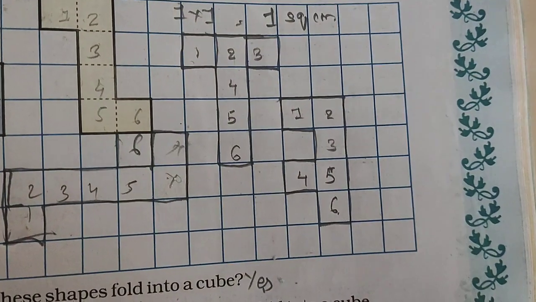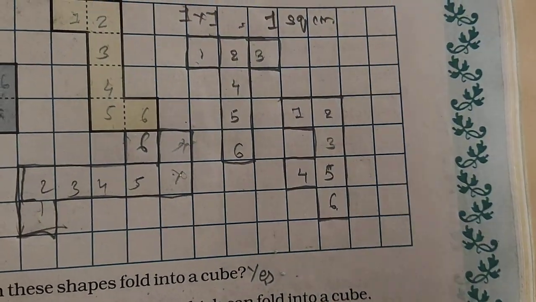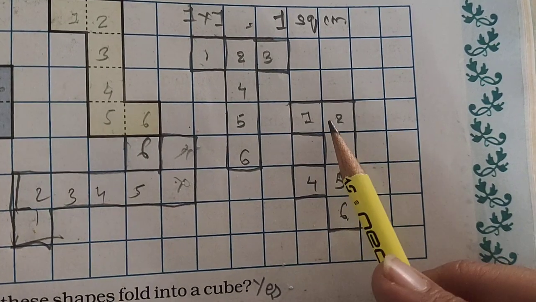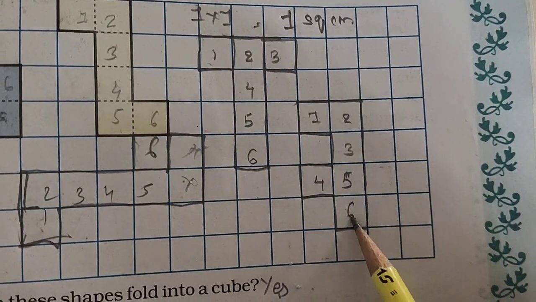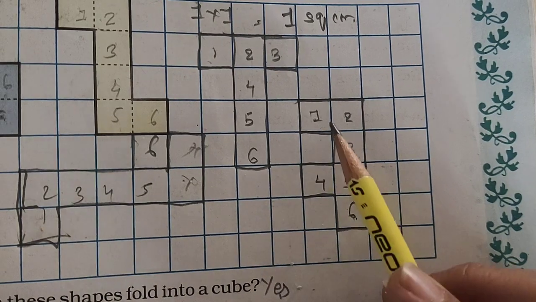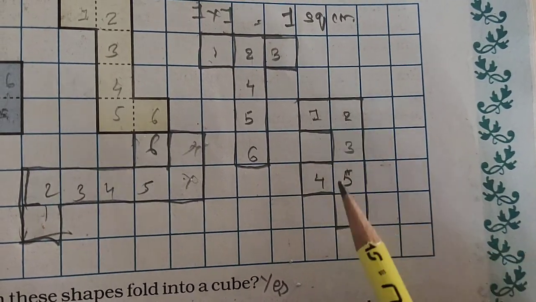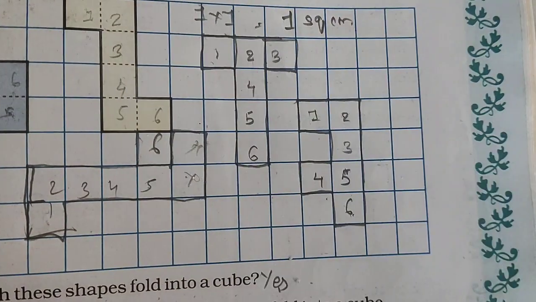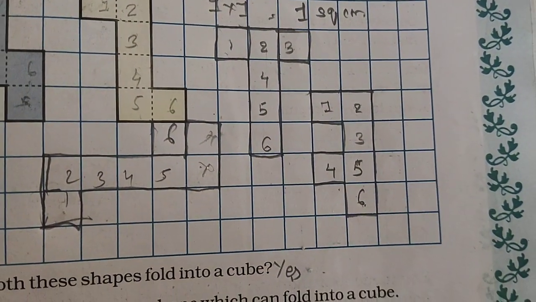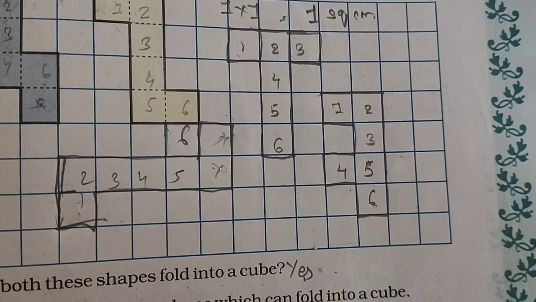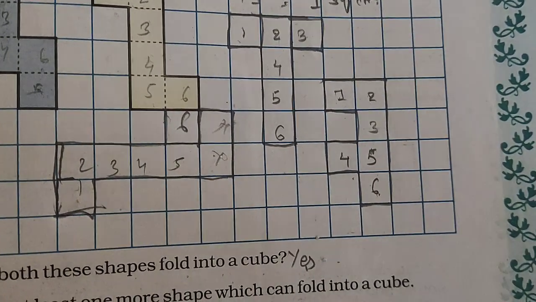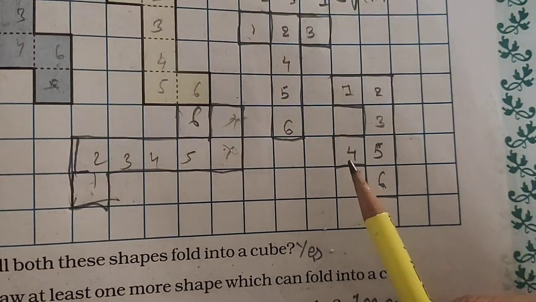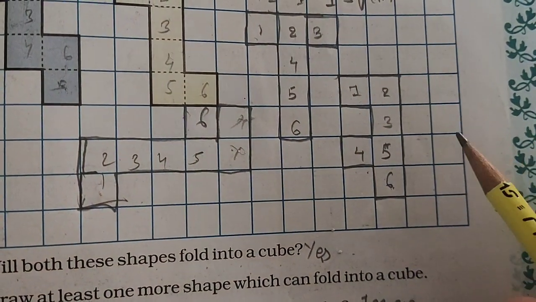This is the shape I have drawn. In this shape we can see that it will not fold into a cube. Why? Listen, these 4 are the sides. This we can cover as a top, but this we cannot. This side again we cannot cover as a top or as a bottom. So this shape will not be able to make a cube. Okay students, understood?